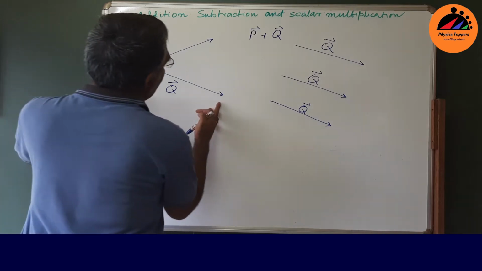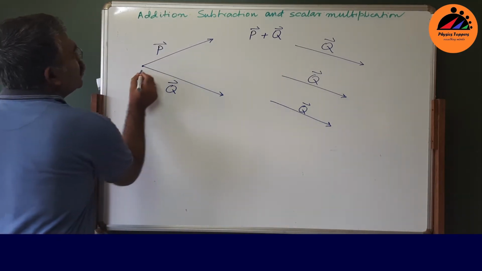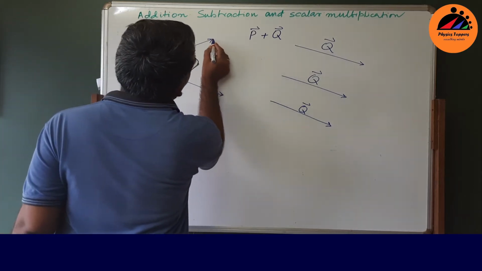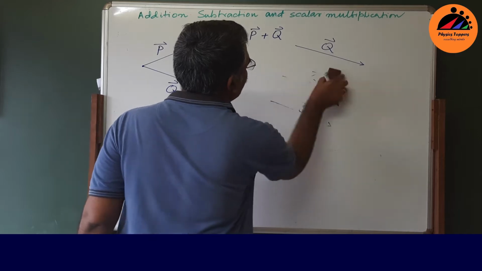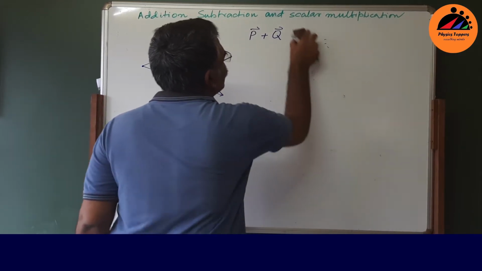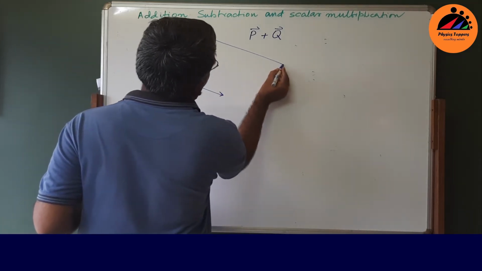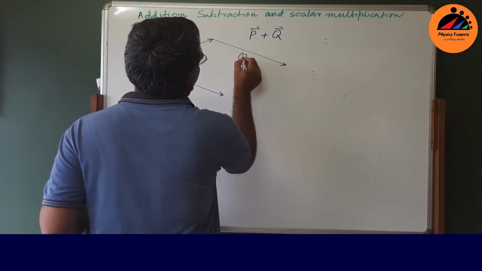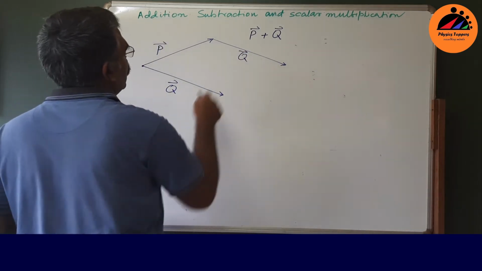Now what you do is you translate this so that the starting point of this q comes here. So let me erase these things. So this is q. Okay. So these two are parallel.